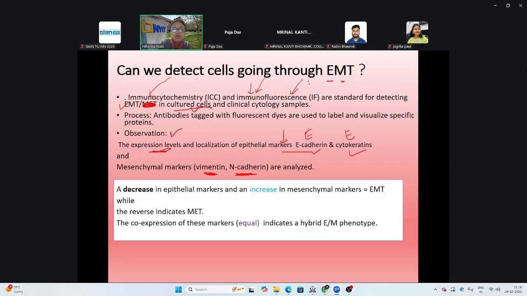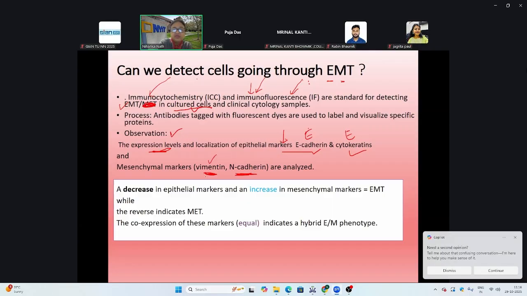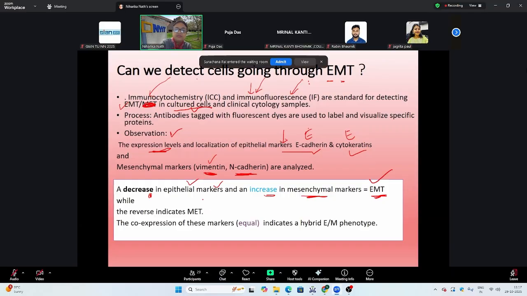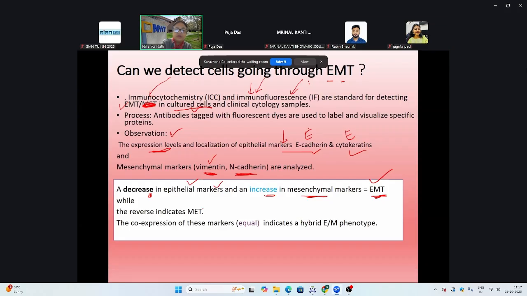If the cell has more vimentin and it shows a certain color, then it's a mesenchymal cell, and that's evidence. A decrease in epithelial markers and an increase in mesenchymal markers means that EMT is taking place. I'm going to show you a picture. And the reverse is called mesenchymal epithelial transition.